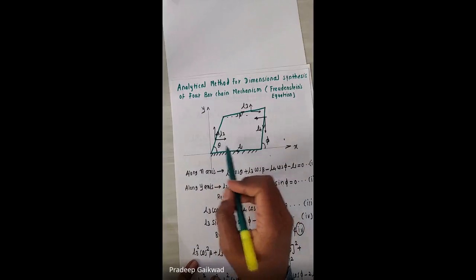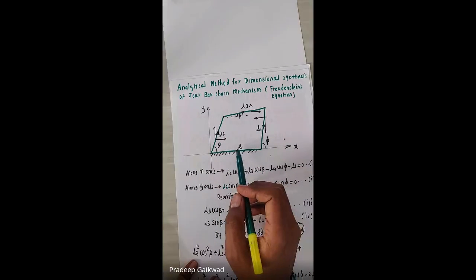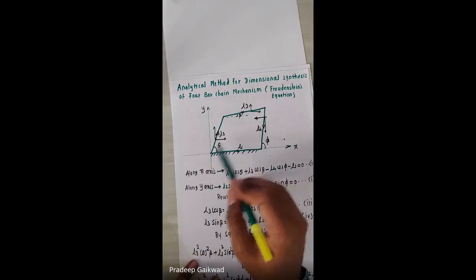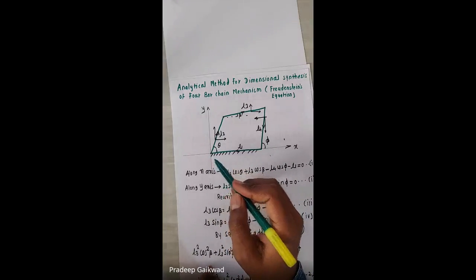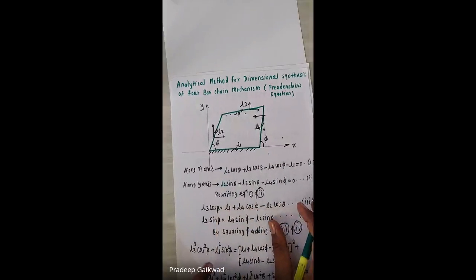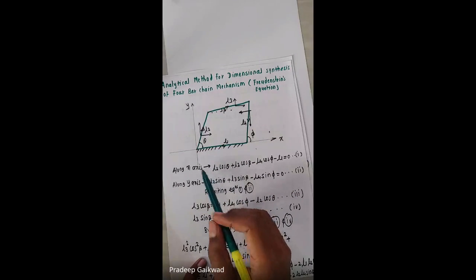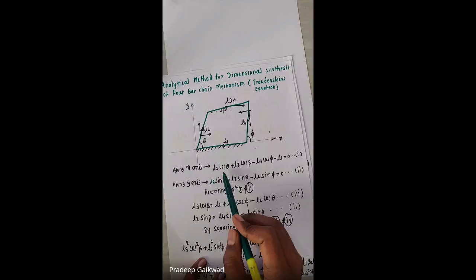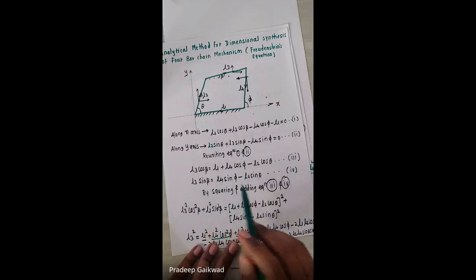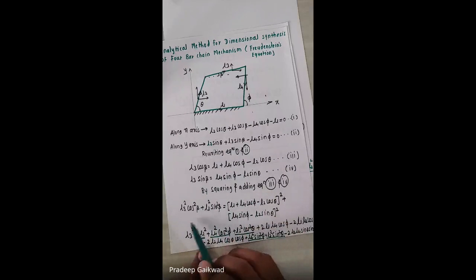I derived this equation for dimensional synthesis. I repeat how I derived it. Initially, we consider a 4-bar chain mechanism having link lengths L1, L2, L3, L4, input angle theta and output angle phi. We consider the vector equations for displacement of this mechanism along x and y axes. Then rewriting this equation with L3 to one side, and squaring and adding, we get this term.